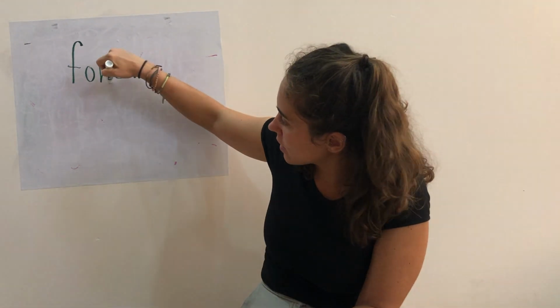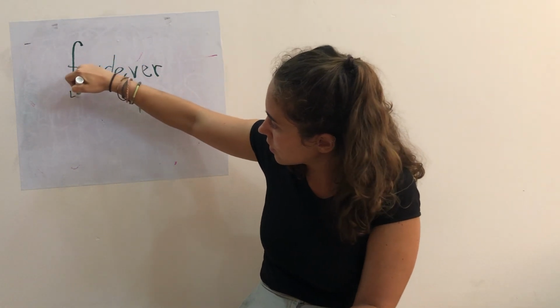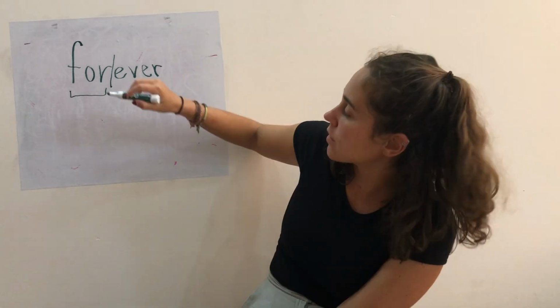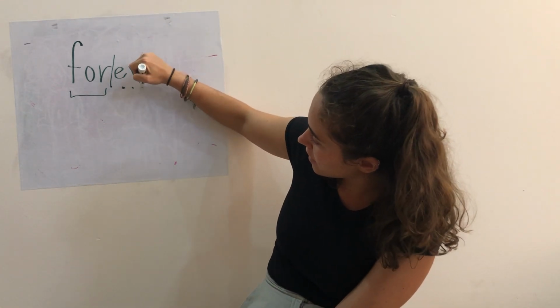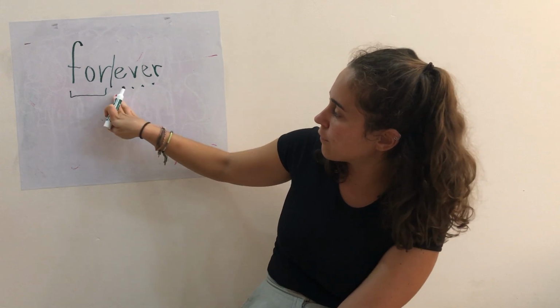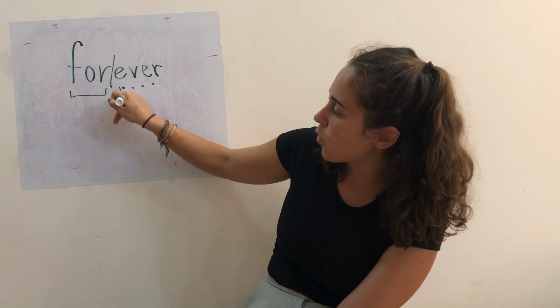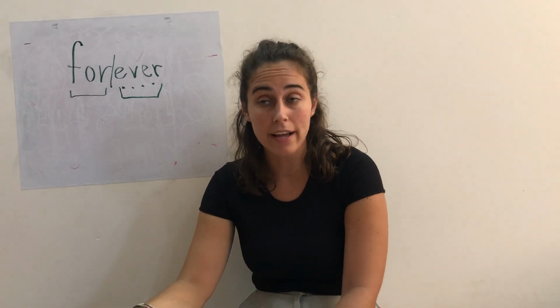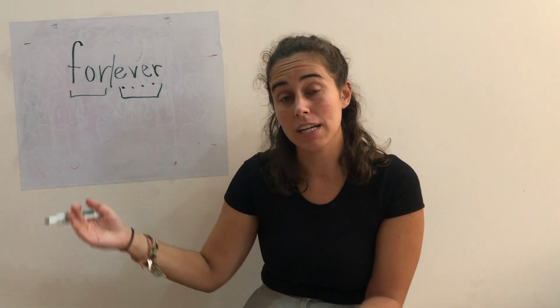So we can break the word in half. We know this one, for, and then we can sound out this one, forever, forever, ever. So we have forever, and now we can read that word, right? Forever. It helps us break the word in half.